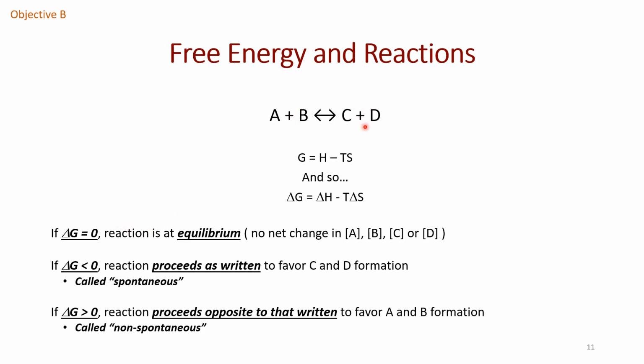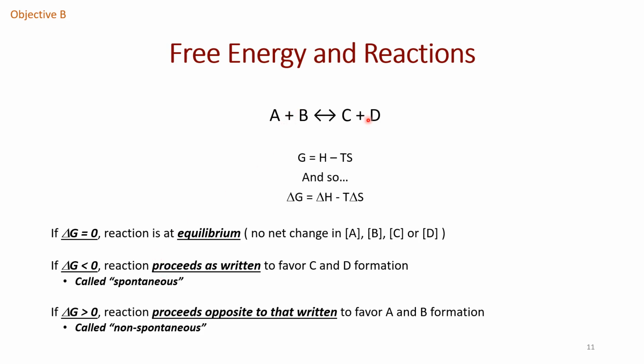Now for this reaction, if delta G is negative, then you know it's going to be favorable for A plus B to go towards C plus D. You're going to expect to see more C plus D, and less A plus B, because negative delta G says this reaction will proceed as written.